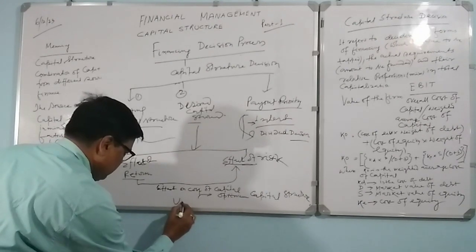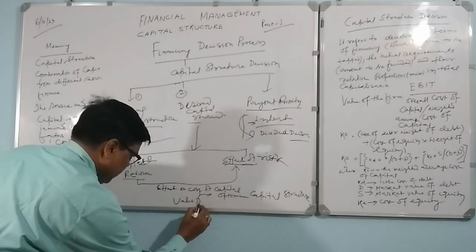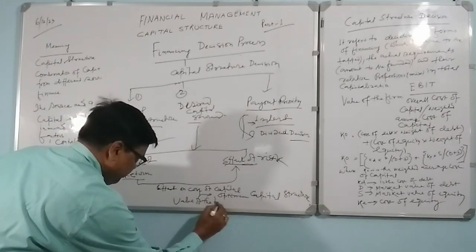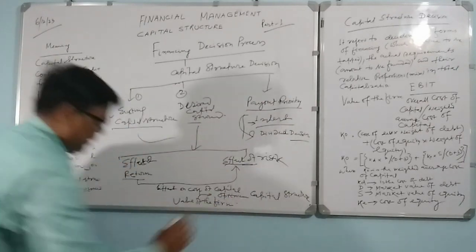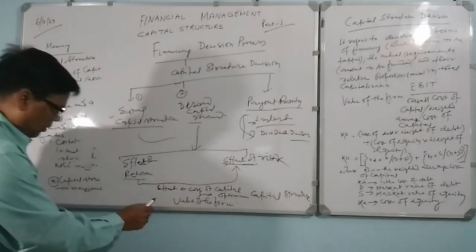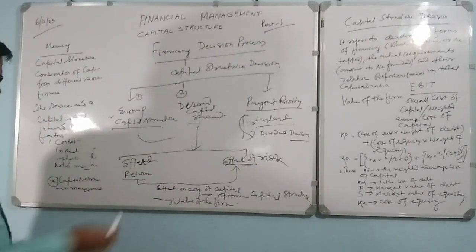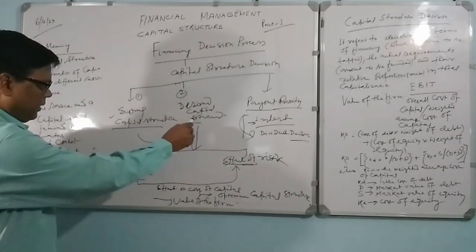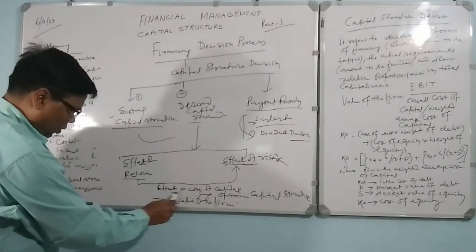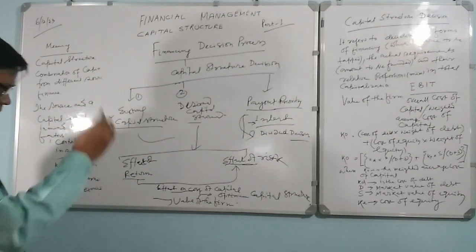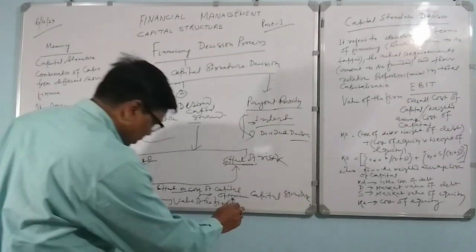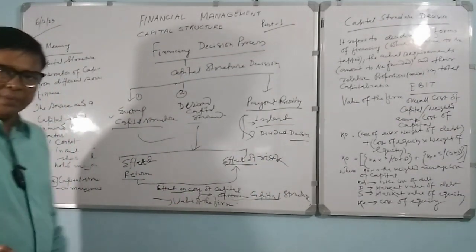See, ultimately, whatever you do, you see that effect on cost of capital. So definitely your desired capital structure will have an impact on your cost of capital. On that basis, you have to make an optimum capital structure.